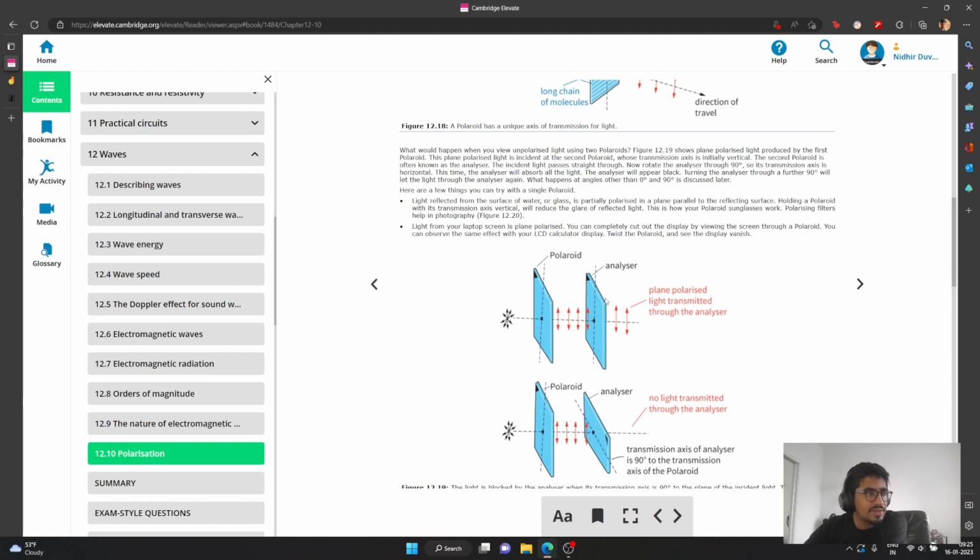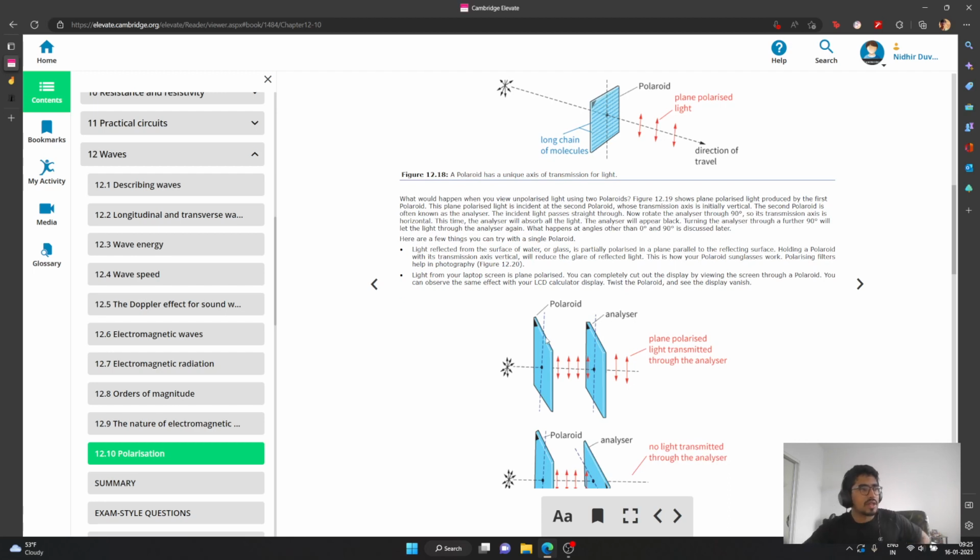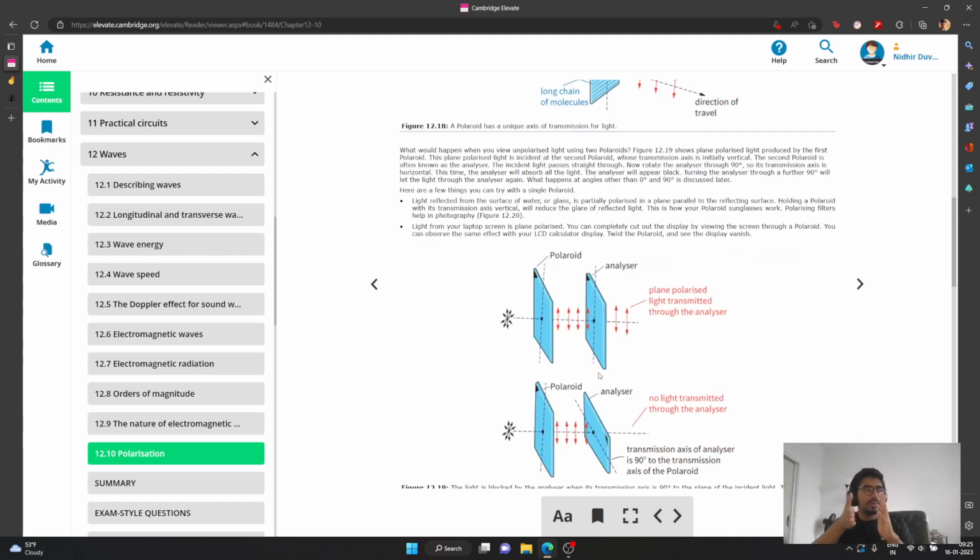Then you have an analyzer, which is basically another polaroid, right? Everyone has this transmission axis of a polaroid. If those transmission axes are aligned, then whatever comes out of the first polarizer goes out of the second. But if you flip it 90 degrees, so the transmission axis is 90 degrees, then this polarized light is not able to go through.